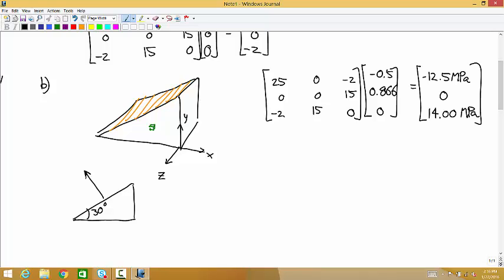The way I think of that is I start on the positive x-axis, and then I rotate steps at a time. Counterclockwise is positive, clockwise is negative, until I get in the direction I want. So I start here at 0 degrees, plus 30, and then plus another 90, so 120. So that unit vector is cosine and sine of 120.